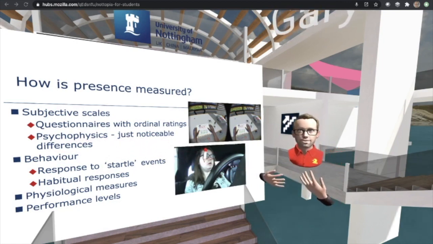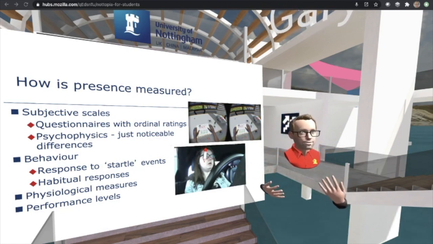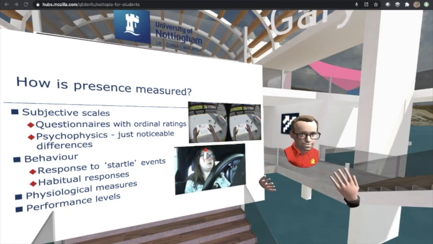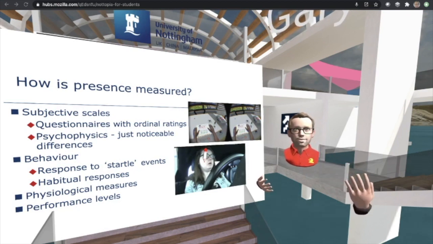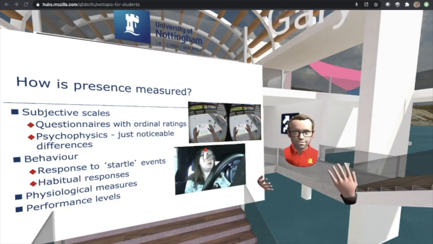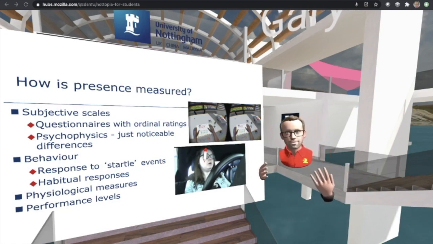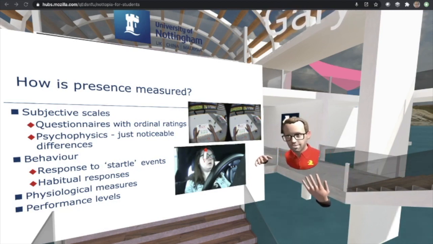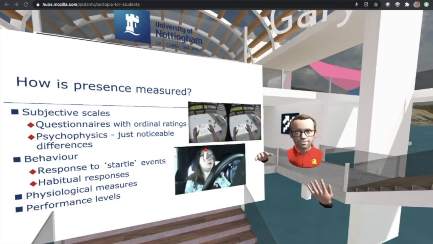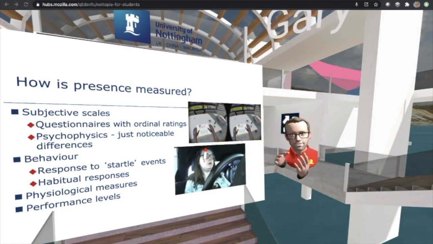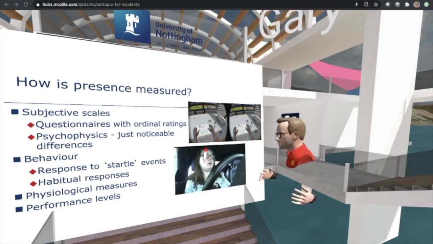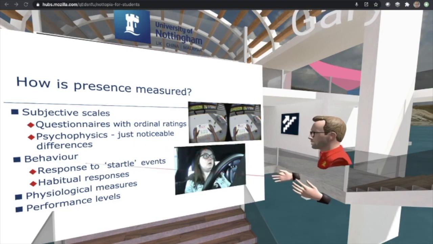So, for instance, for haptic information, you may compare people touching real tissues as a surgeon, within the human body, and compare that to people using a virtual reality phantom type device to also touch those tissues, and see how close together those sensations actually are. Are there noticeable differences?